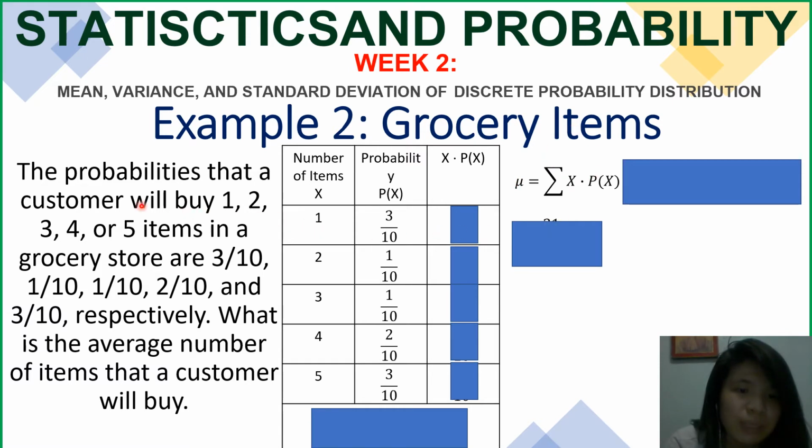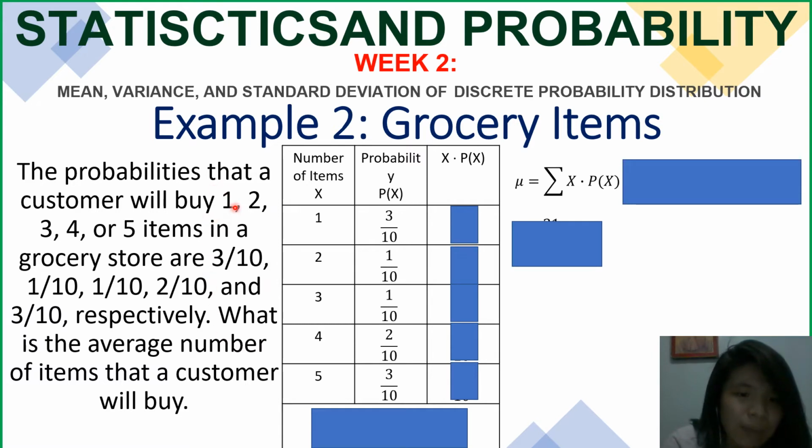So, sabi dito, customer will buy 1, 2, 3, 4, and 5 items. So, kaya nilagay natin sa number of items is 1, 2, 3, 4, and 5. And sabi din dito, yung probability is 3 over 10, 1 over 10, 1 over 10, 2 over 10, and 3 over 10 respectively. Kapag sinabi nating respectively, meaning magkakasunod yon.